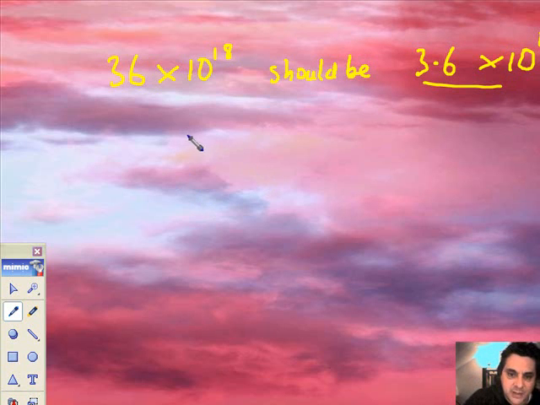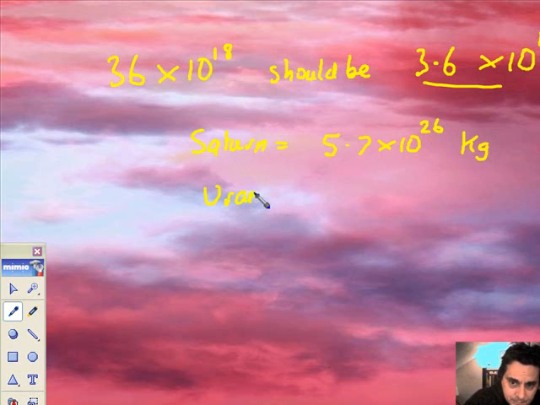B says, the mass of Saturn, we're going planets again, the mass of Saturn is 5.7 times 10 to the power of 26 kilograms. I seem to recall that being heavier than Earth. And the mass of Uranus is 8.7 times 10 to the power of 25, still heavier than Earth.